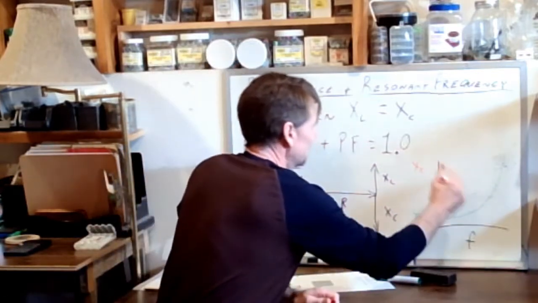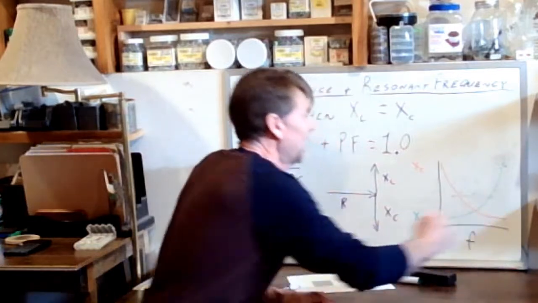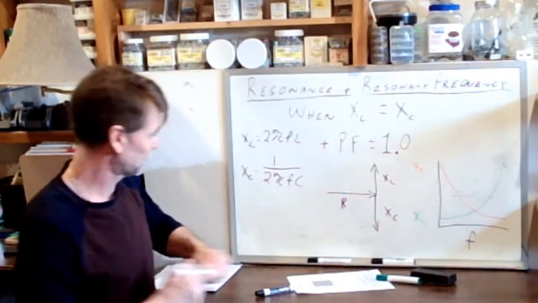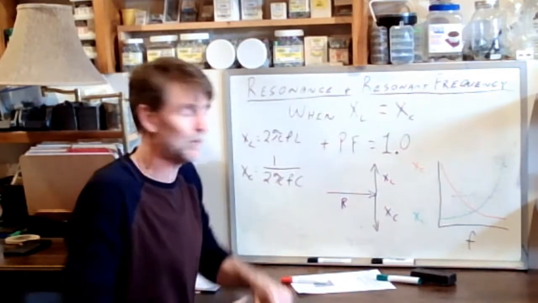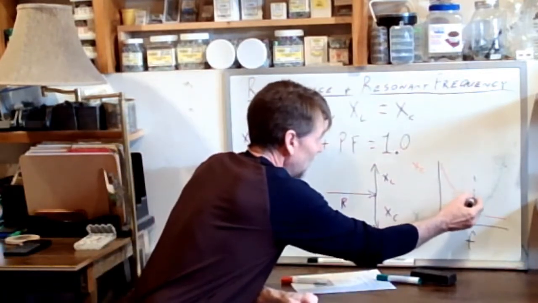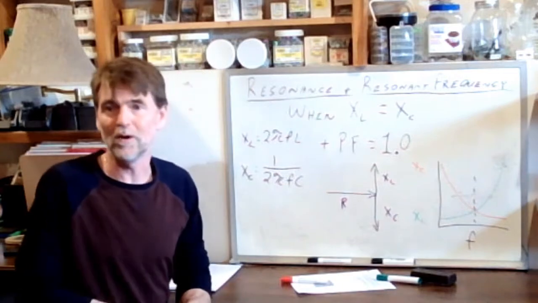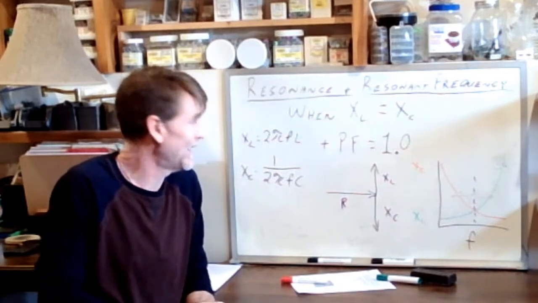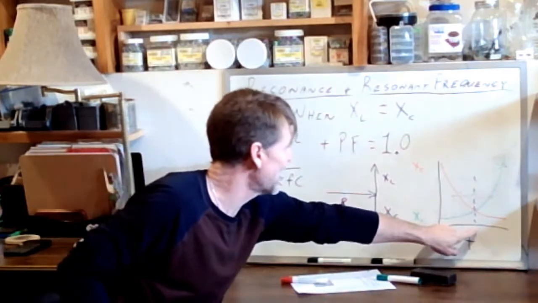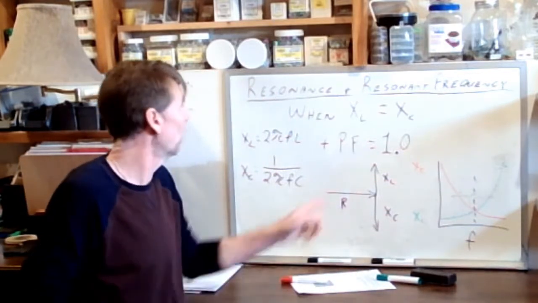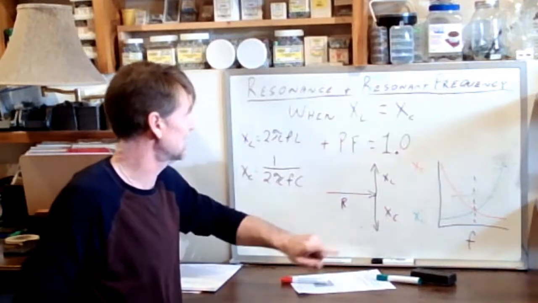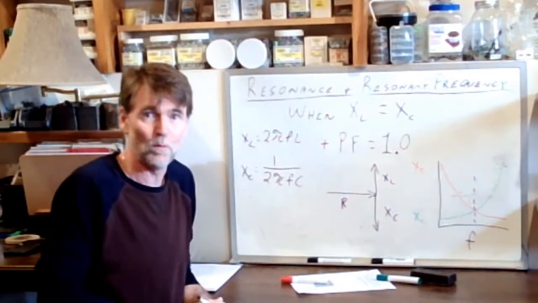As the frequency increases, XC decreases. So resonance occurs, and the resonant frequency occurs, at that point where those two lines cross. That is the frequency at which this particular RLC circuit will be resonant, when XL is equal to XC and the power factor is equal to 1.